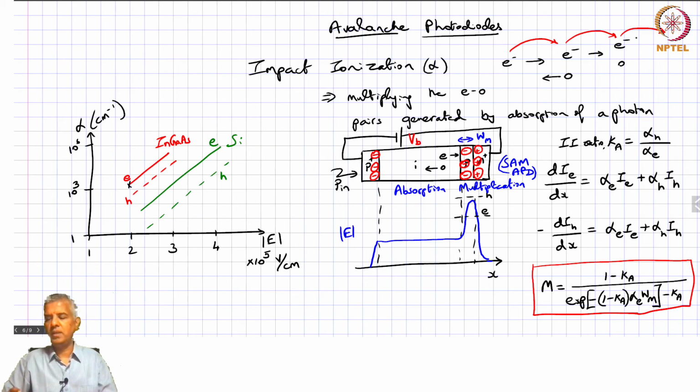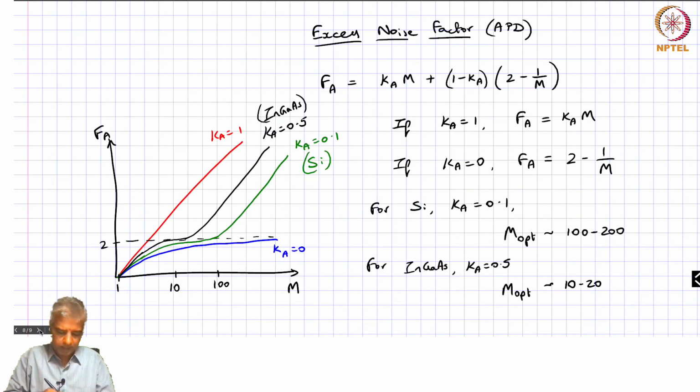So that's the multiplicative gain process that we are talking about, right? So that multiplicative gain is going to take time. It's going to take a finite amount of time to go through that cascade, to go through that avalanche.